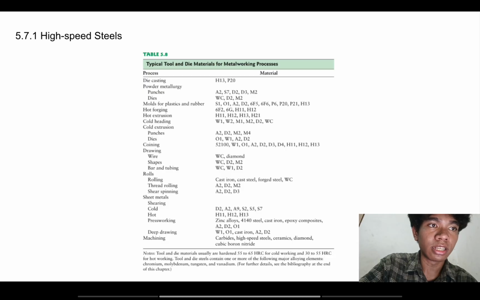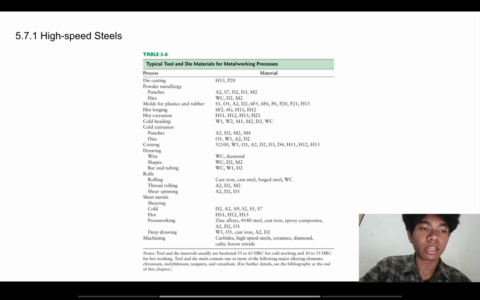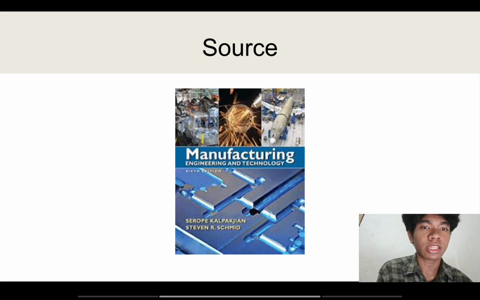And dies are for WC and D2 and M3. And then deep drawing, machining, carbide, high-speed steel, and ceramic, diamond, cubic boron nitride. So that's it.